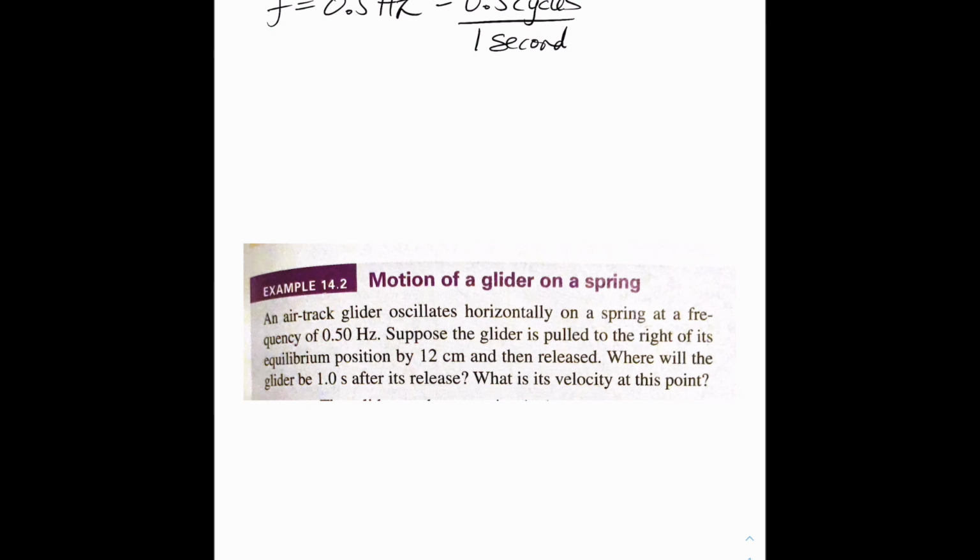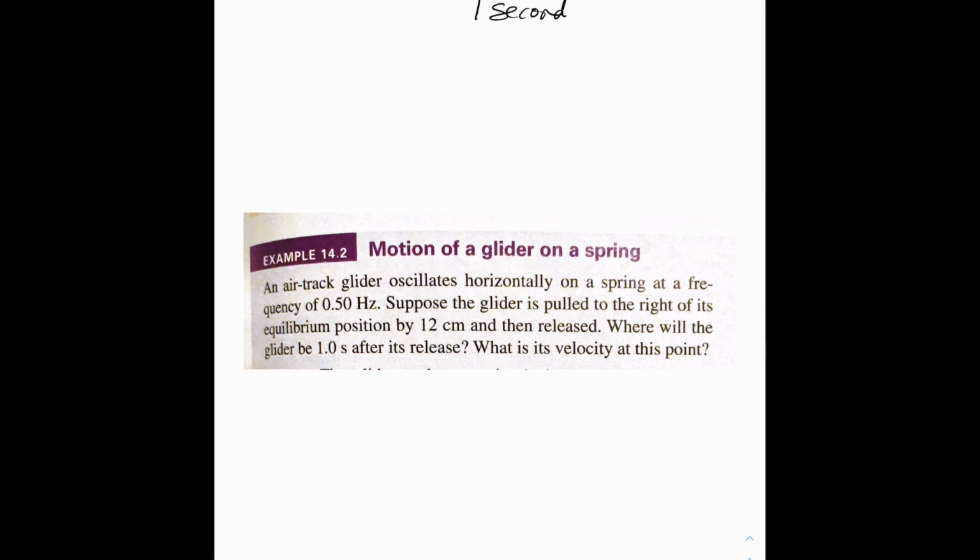It's going to tell us that suppose the glider is pulled to the right of its equilibrium position by 12 centimeters. So we have something like this. Maybe this is equilibrium here at 0, and the glider is down here on the air track, and it's pulled.